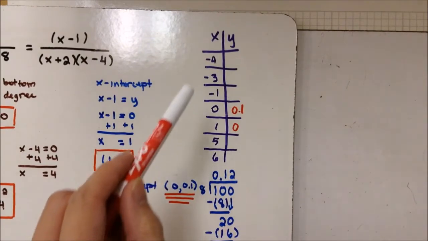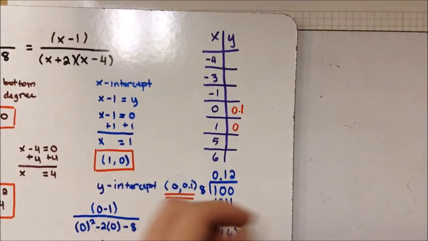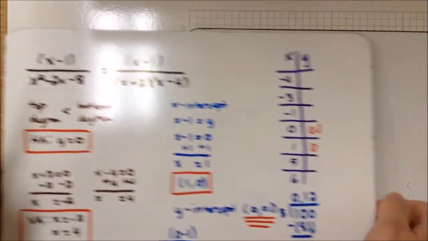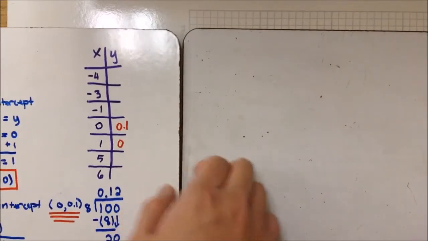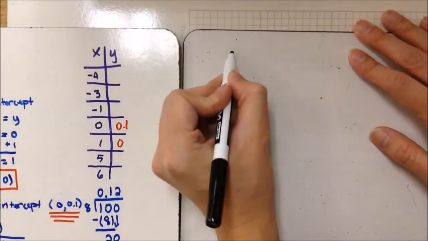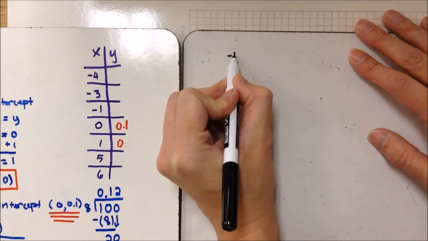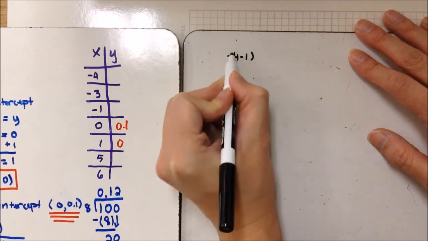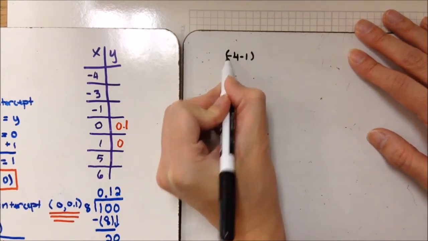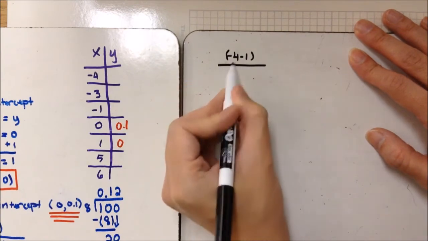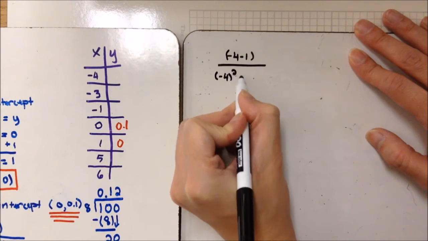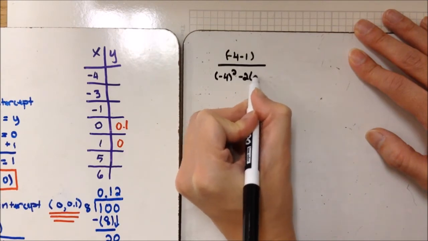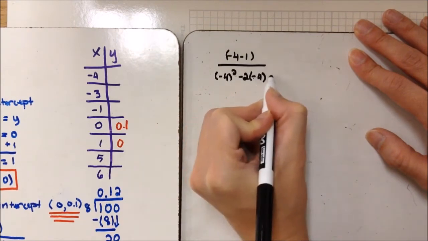So let's start with -4. We're going to plug -4 into all the x's here. So (-4 minus 1) over (-4)², remember parenthesis, minus 2 times -4, minus 8.